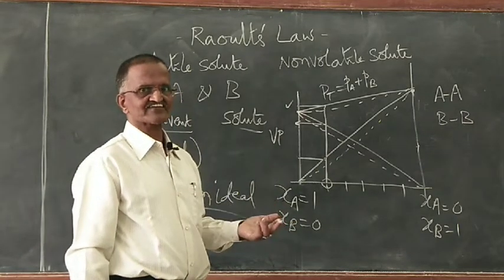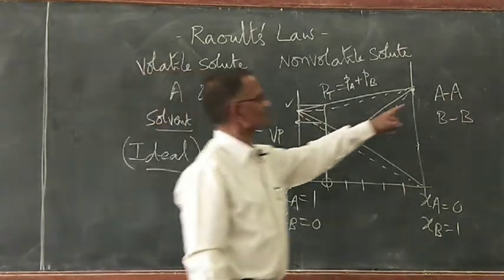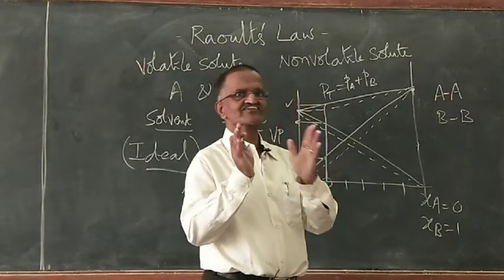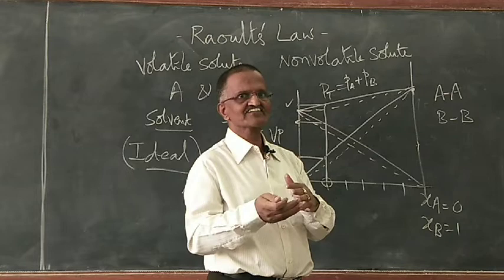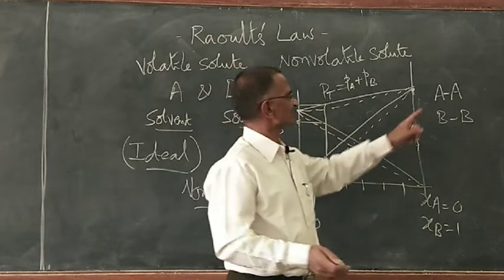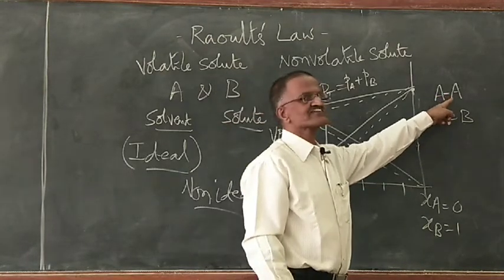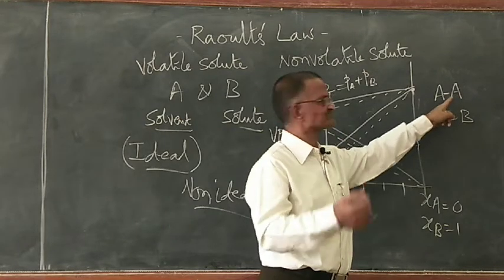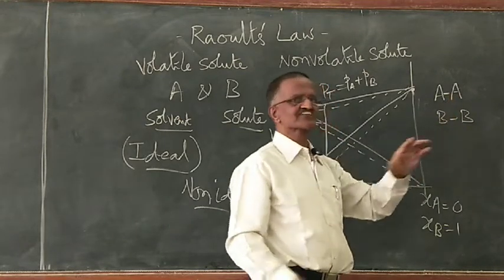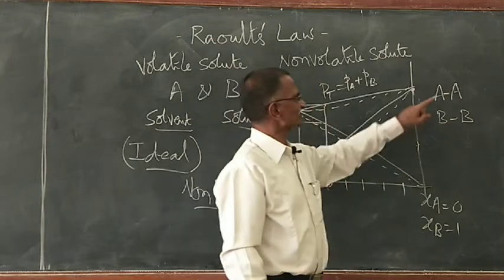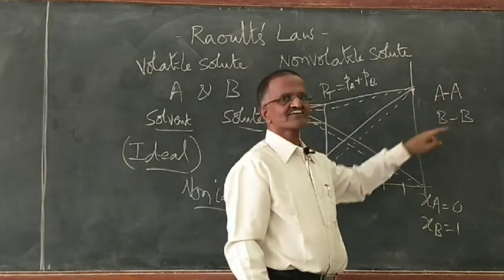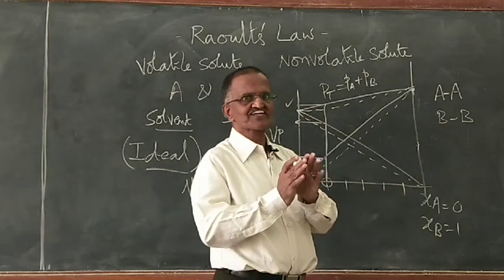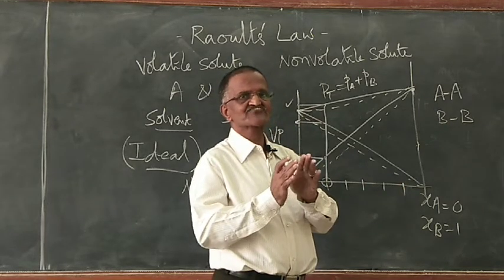It can happen the other way. The other way is that between A and B, the attractions that were strong, the moment I add, there will be an increase in repulsions between them or a decrease in the attractions between them. In the same way, B and B had some attractions between them. The moment they mix with A, what will happen? Between B and B, the attractions will decrease.